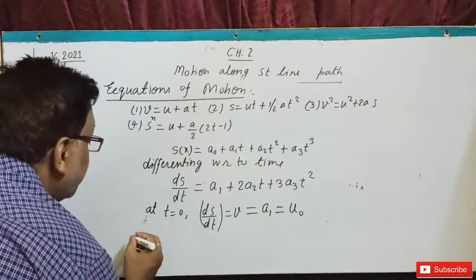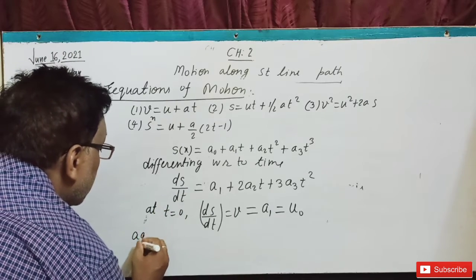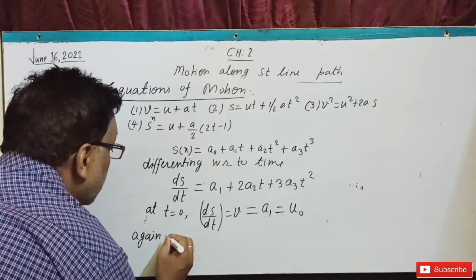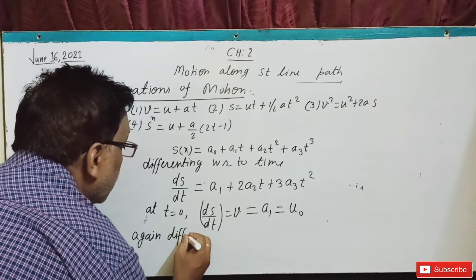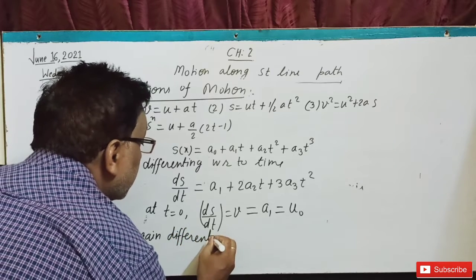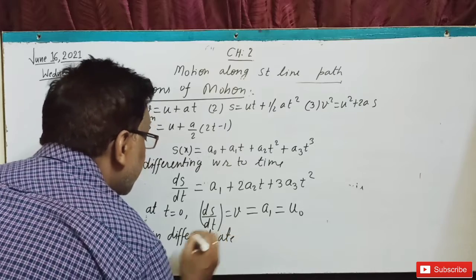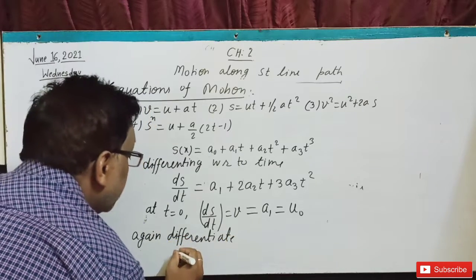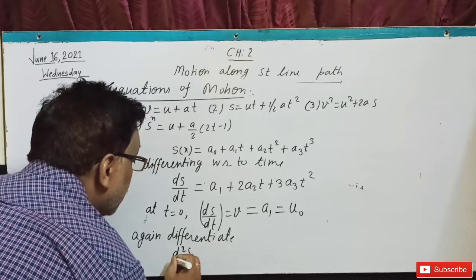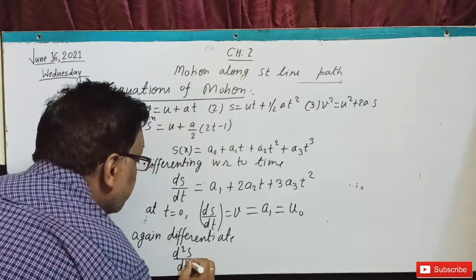When again differentiated, we get d2s by dt square.